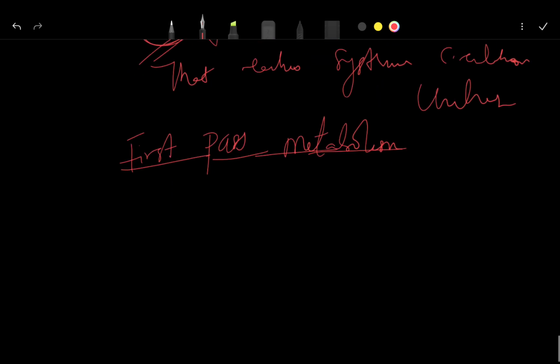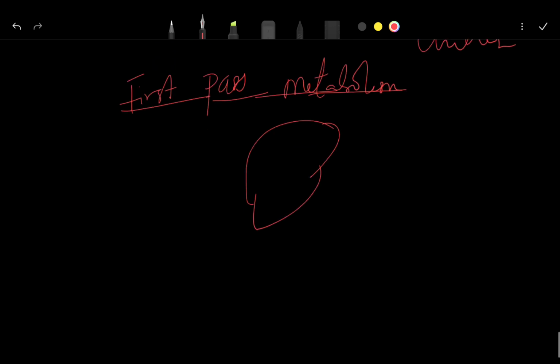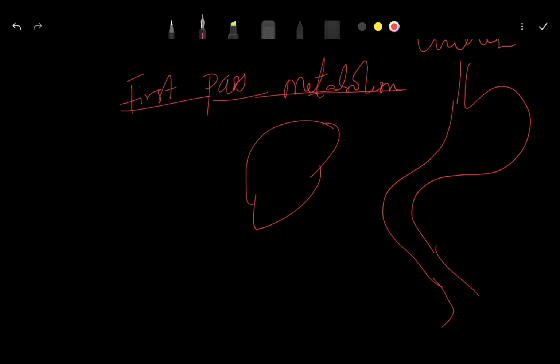So if, for example, here is our liver, and we give a drug in the intestine of the patient, through the oral route rather. When that drug is being absorbed from this small intestine, it will first go through the portal tract to the liver. And imagine on this side we have our systemic circulation. The liver will first metabolize.